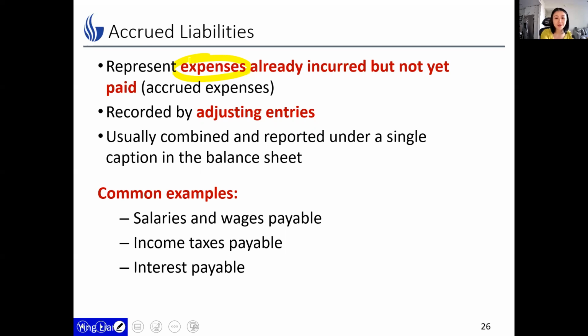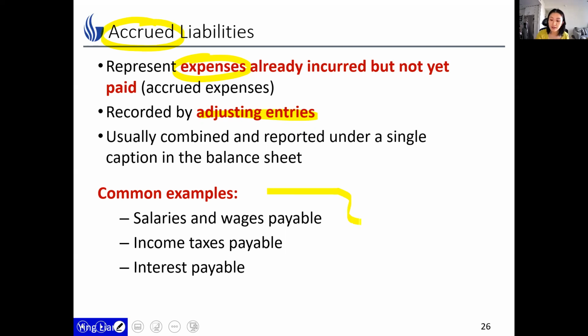financial statements. So whenever you see the word accrued, it must be the end of the reporting period when you adjust entries. Now, common examples of accrued liabilities include salaries and wages payable, income tax payable, and interest payable.